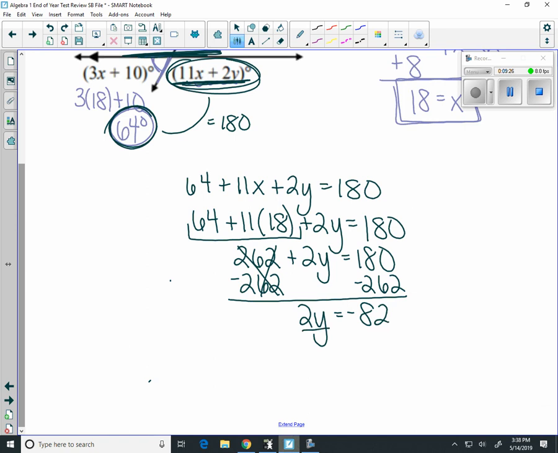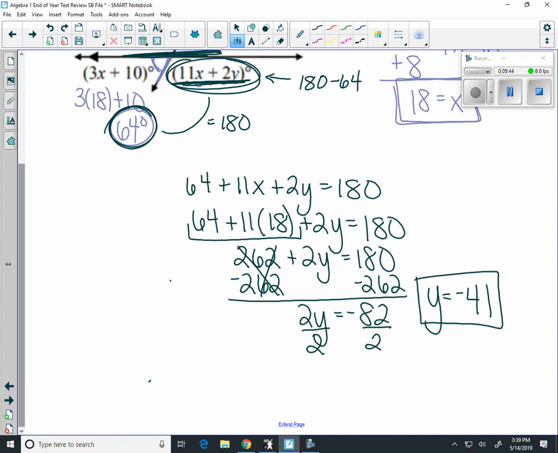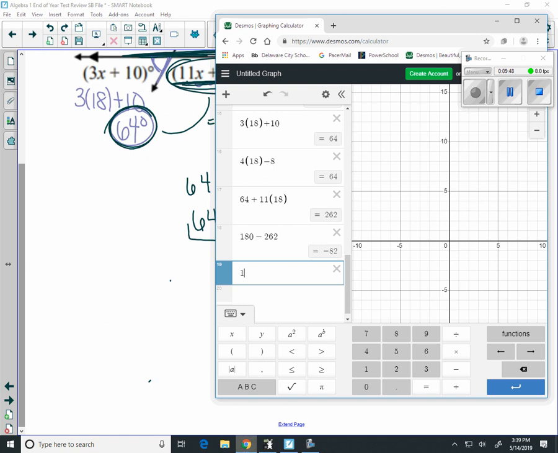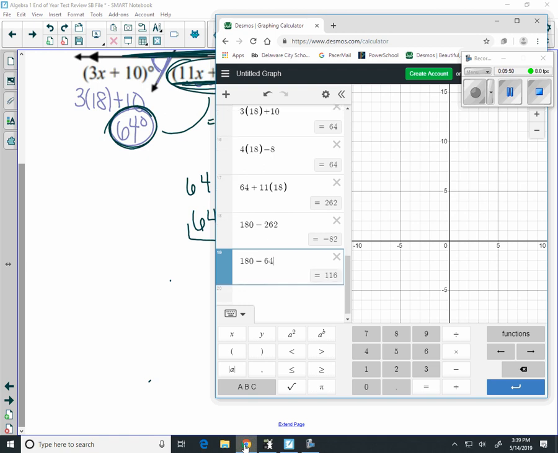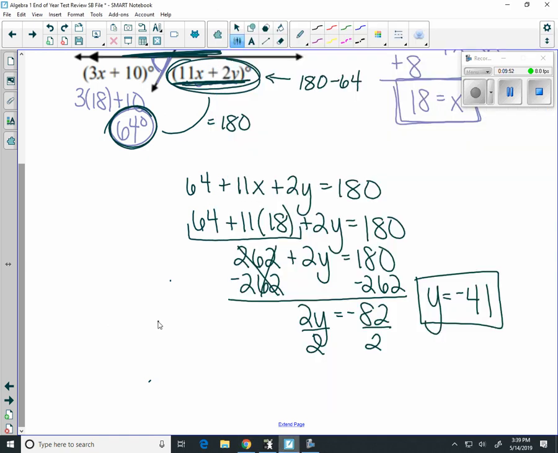I'm going to divide by 2. And I'm going to get y equals negative 41. You can plug that in with the x, or in order to get this angle, you can do 180 minus 64 and use that relationship. So 180 minus 64 is 160 degrees.